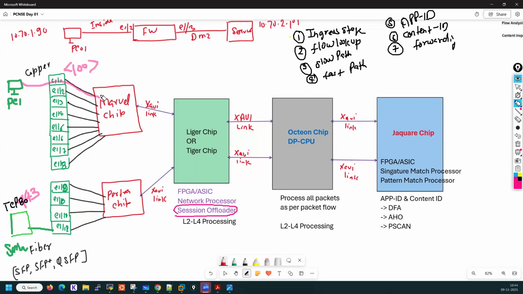Packet number 100 reached the Octeon chip. The Octeon chip will do the ingress stage, flow lookup, bypass the slow path, and go into the fast path. Now in the case of SSL, is this packet encrypted, yes or no?